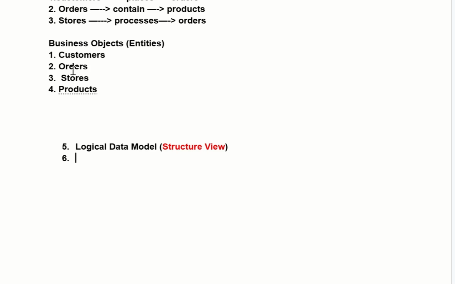So we are converting them to entities. Entities basically are the tables. We are converting them to tables and define attributes. Attributes basically are more like columns.